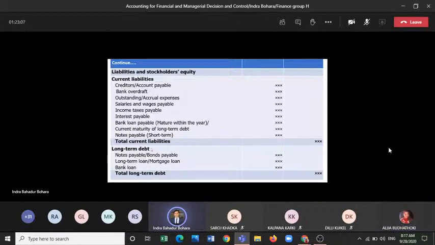So it is under the current liability. And if you are given notes payable only, it is long term.